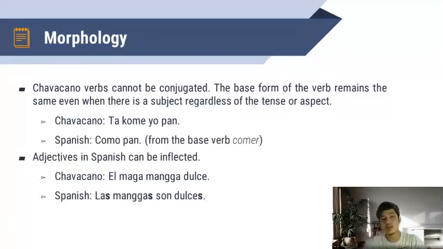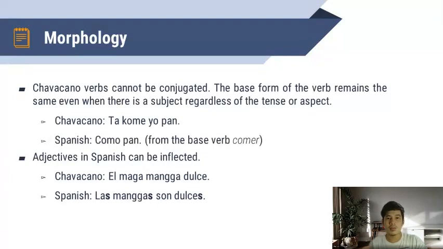So even if I use the perfective aspect, "ya come yo pan," I ate bread, or the contemplative or future aspect, "come yo pan mañana," which means I will eat bread tomorrow. So you notice that the verb remains the same in form, but in Spanish, it's not.